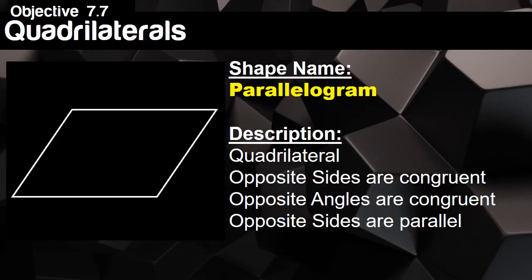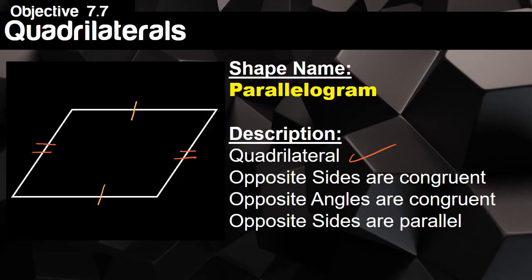Now I have a parallelogram. It's a quadrilateral because it has 4 sides. The opposite sides are congruent. We can say that the top and the bottom are exactly the same size, and the right side and the left side are exactly the same size. So we have 2 pairs of opposite congruent sides.